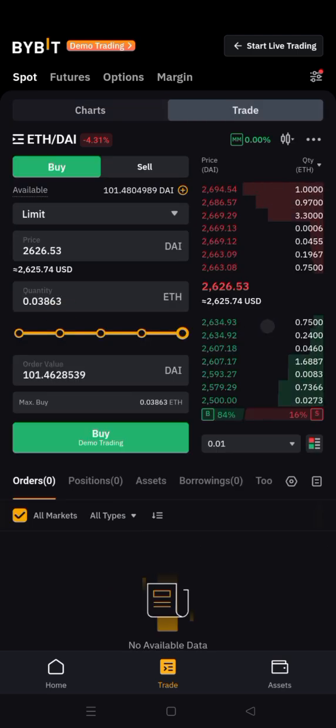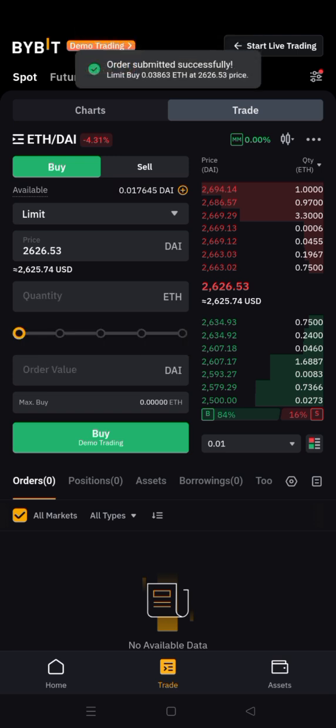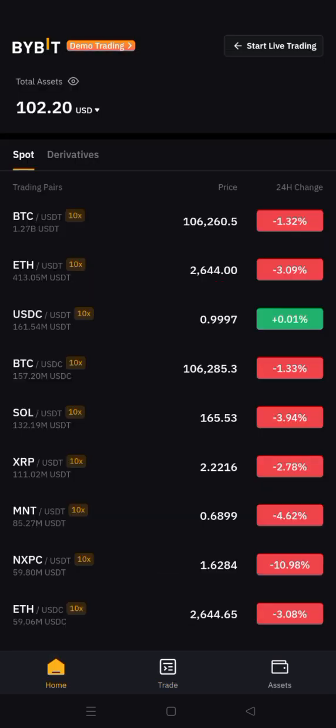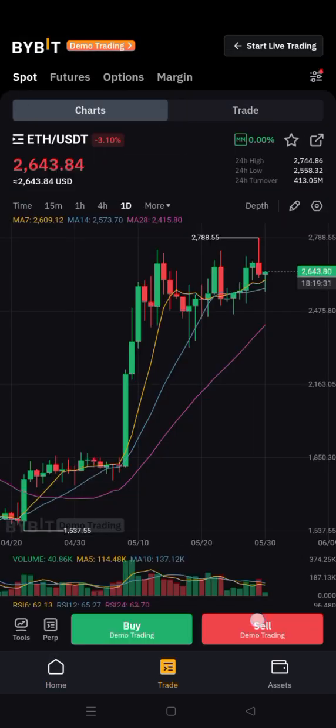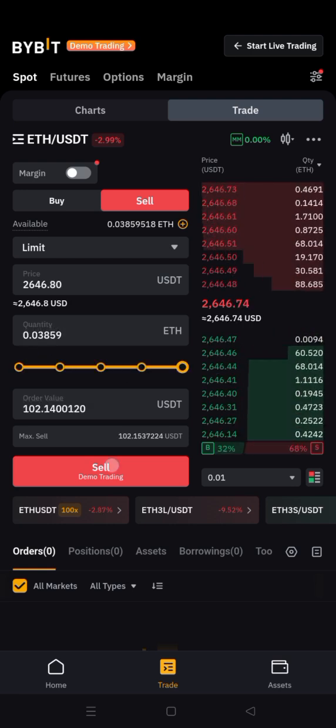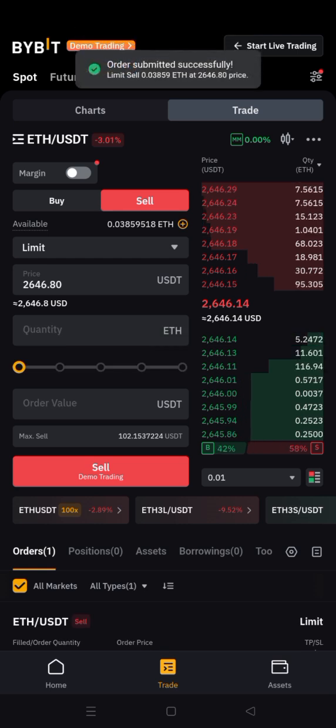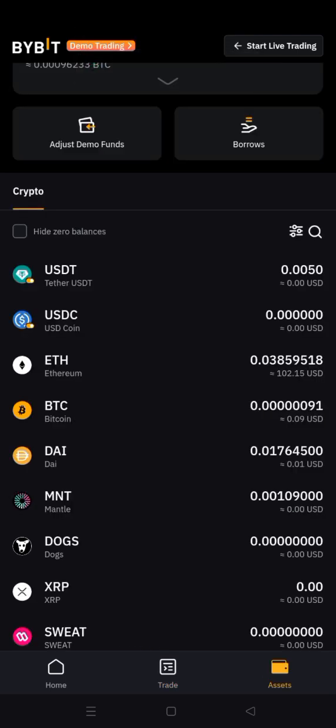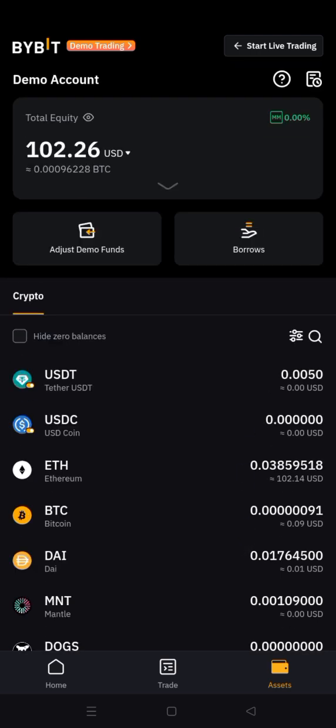So you can see 2644, 2626, very awesome. Very fast, again you buy Ethereum, and then after you have bought, you go and sell the same Ethereum where it is at its peak. You can see currently we are at 2646. So you just sell very fast, and then refresh.